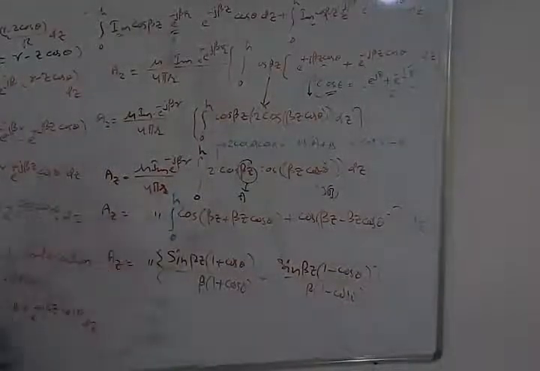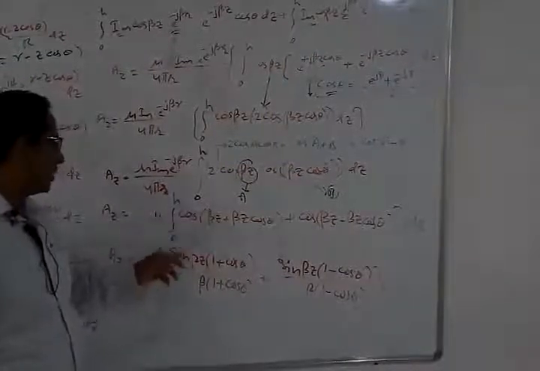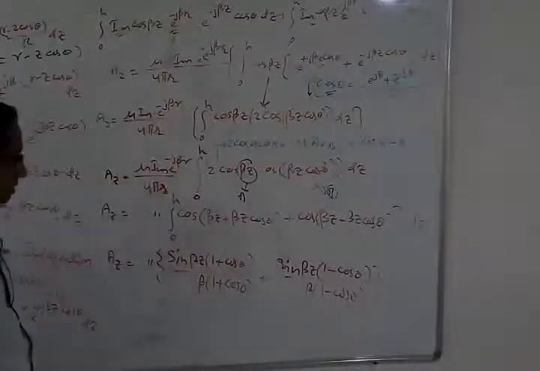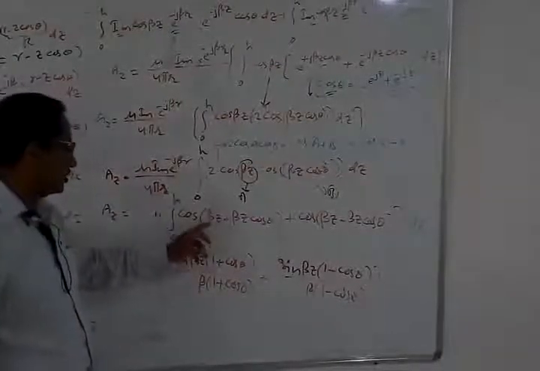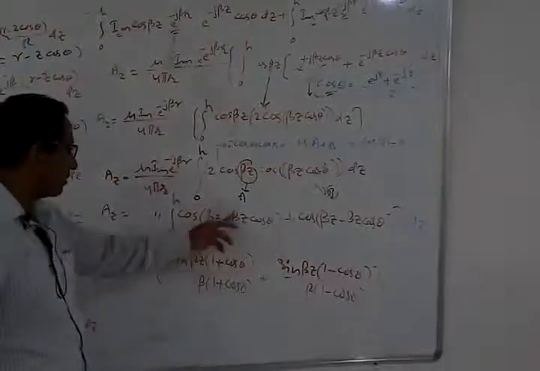Now once we integrate this, what is the integration of cos? It is going to be sine. Integration of cos is sine of this factor, and the variable component is going to be z. So wherever you have z, I can take this beta z as common. Beta z, if I take common, 1 plus cos theta.